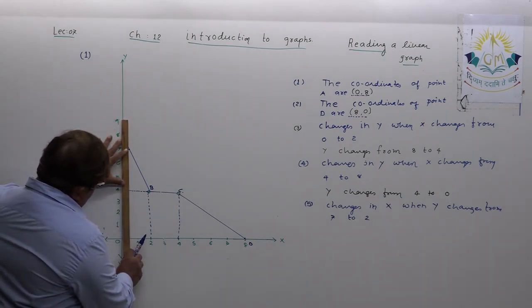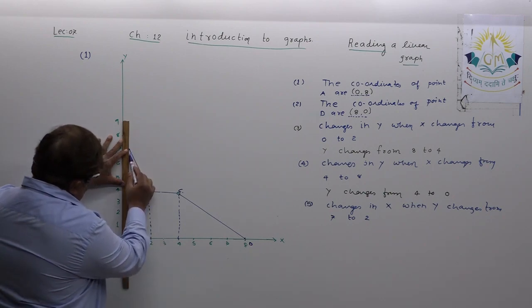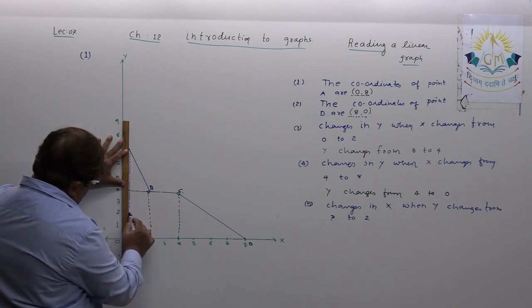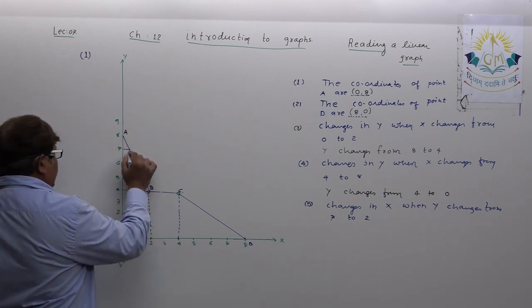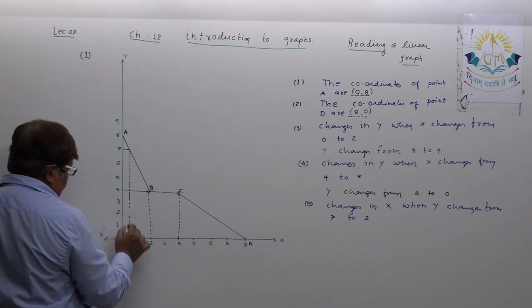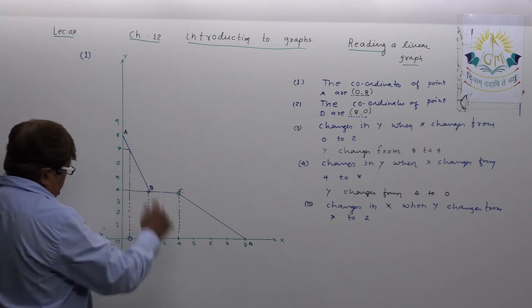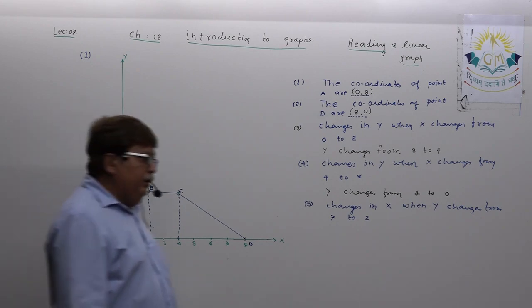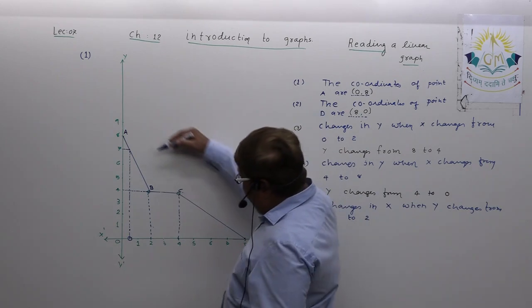Okay, here is the point, and just draw the dotted line, this way to read the x coordinates. Somewhere I am getting it here. You should try to get the exact. Suppose I am getting here. So this is the x coordinate. Arbitrarily, it looks to me like 0.5.